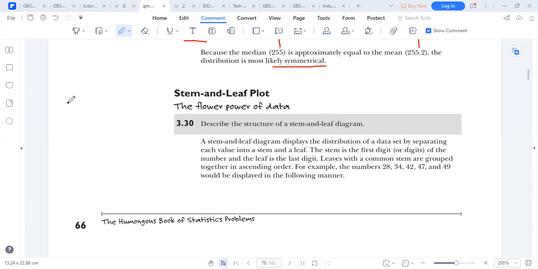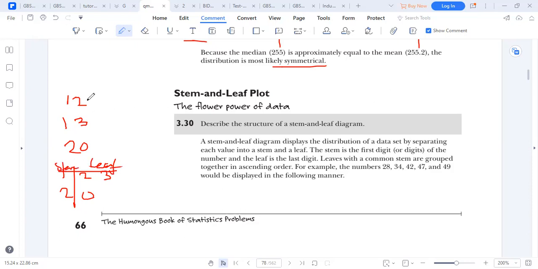So if we have 12, 13, 20, we're going to have stem 1 and stem 2. Writing 12 and 13, and for 20 we put 2 and 0. So we just pick the last number to be a leaf. This is called the stem.